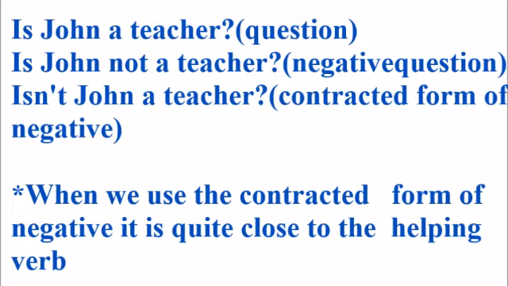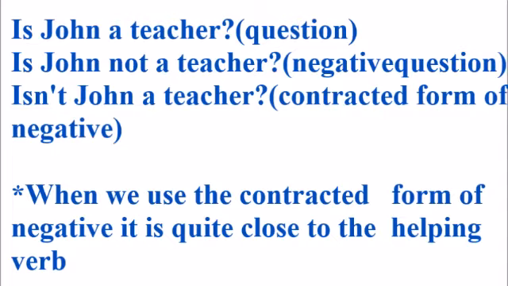After that, the subject comes. But when we write it separately, first the helping verb, then the subject, then the negative word. There is no change in the meaning. Usually, in spoken English, we use the contracted form of negative. Very rarely do we use the negative word as it is.